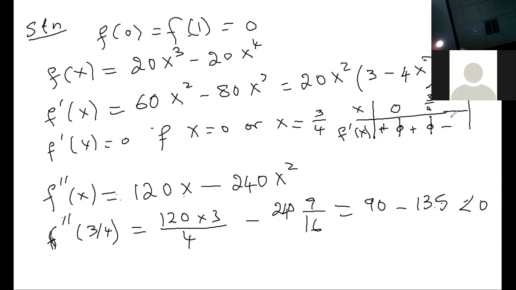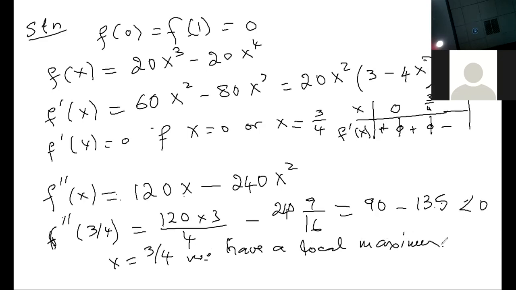When the second derivative is negative at x equals 3/4, we have a local maximum. So the mode of this random variable is 3/4.